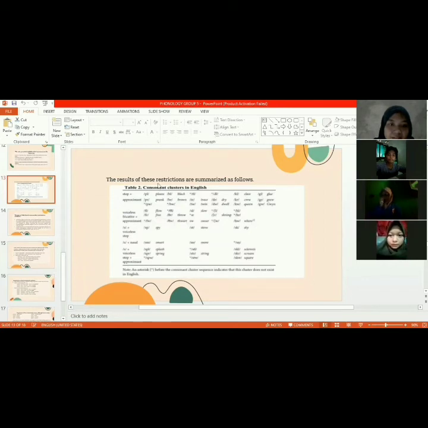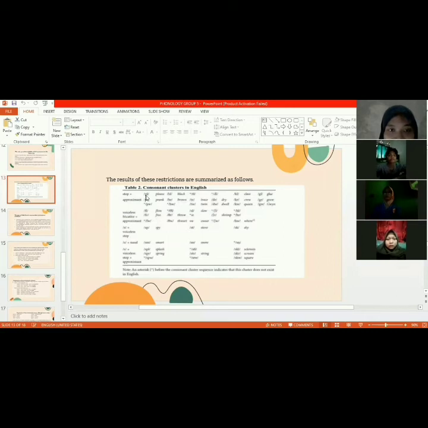Okay, guys, we can see the consonant clusters in detail in this table on the slide. Can you see the table, guys? Yeah. This is the summary of the consonant clusters in detail, such as the stop plus approximant.